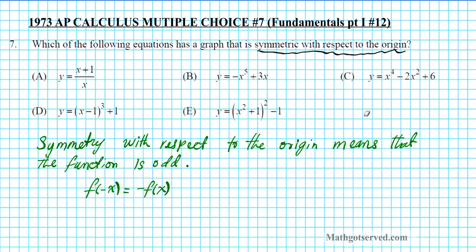That means that the function is even, and in that case, f of negative x is equal to f of x. All right? We are dealing with odd functions here, so let's focus on using this equation to test to see which of these functions are odd.